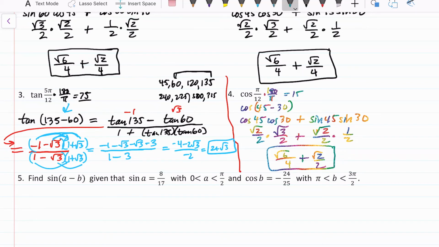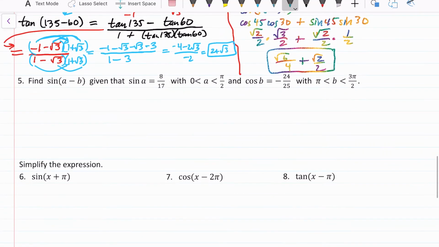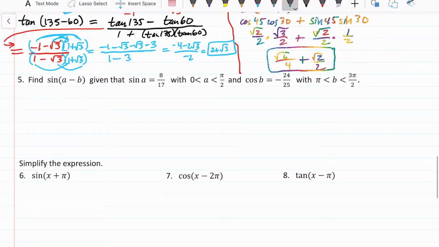For the next problem, for sine of a minus b, first I will write the formula down. So sine of a cosine of b minus cosine of a sine of b. They give me sine of a.